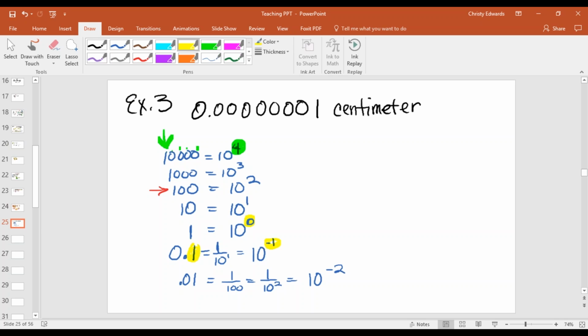When we start going to the right, a -1 means we've only got one place after the decimal. A -2 means we only have 2 places after the decimal. Do you know why?